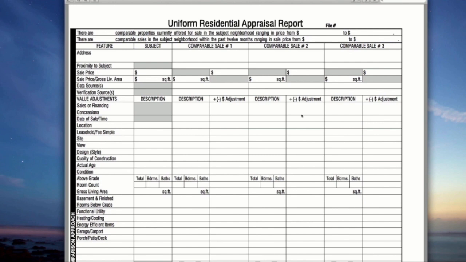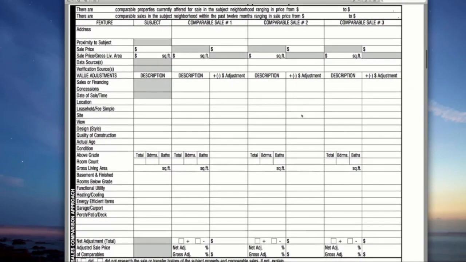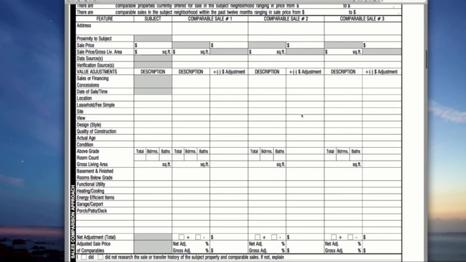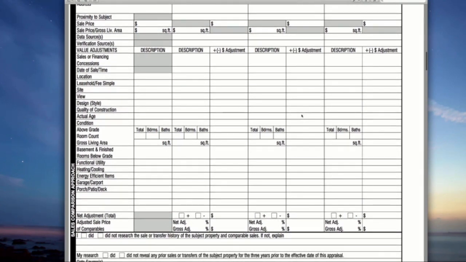Those are the opinion of the appraiser, because your idea of the condition of a property may be different than my idea. You may not care if you dust once a year, and I may prefer to dust once a day. So the condition ratings can differ, which is why Fannie and Freddie came up with these specific definitions.